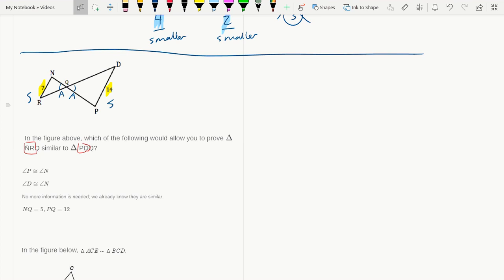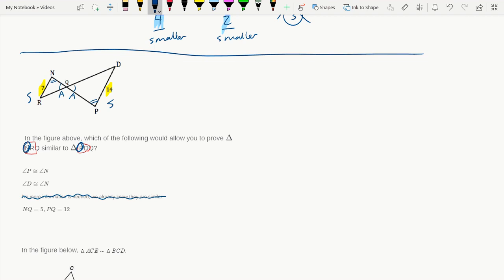So let's think about what else. I know I need more. Okay, so let's try and figure out which one works. So angle P and angle N. Let's notice that P and N are in the same spot, so those correspond. That's pretty good based on what we have.